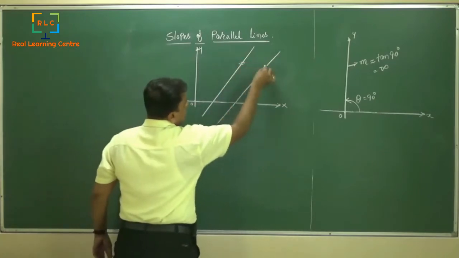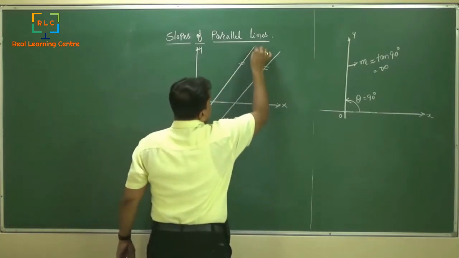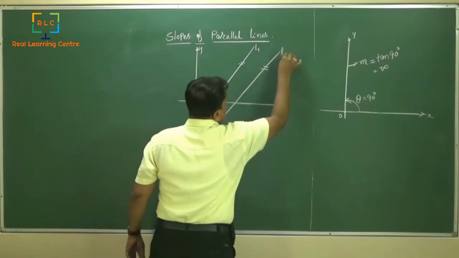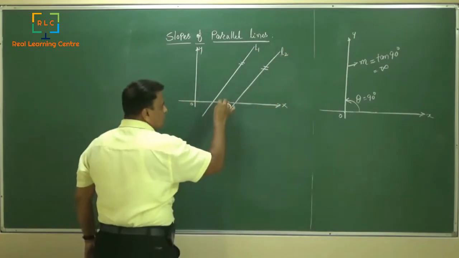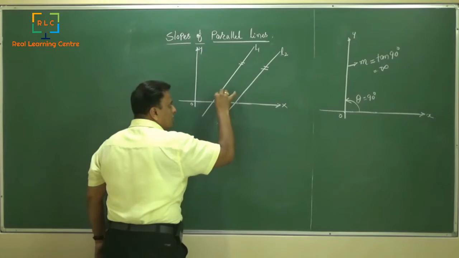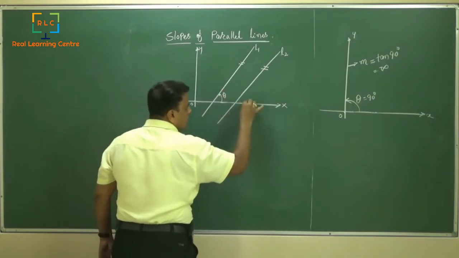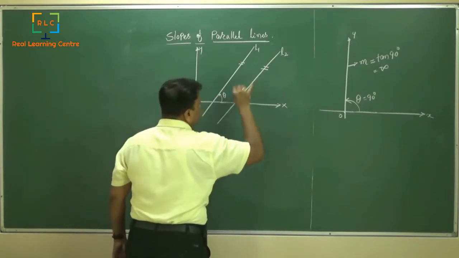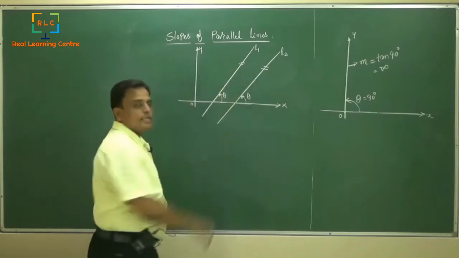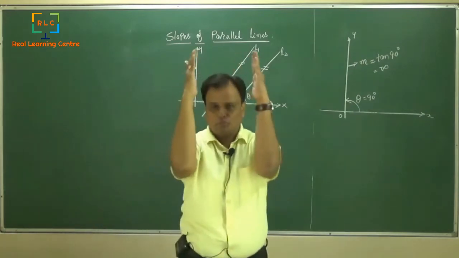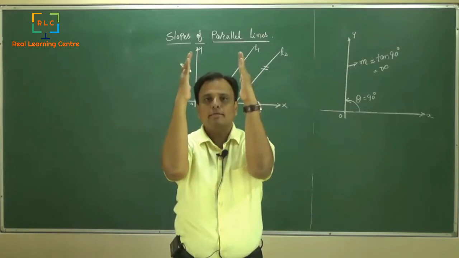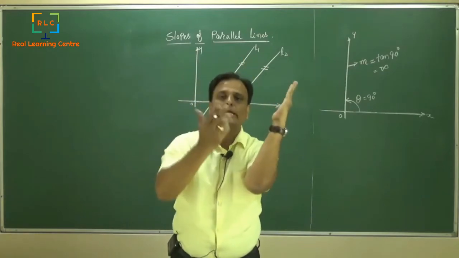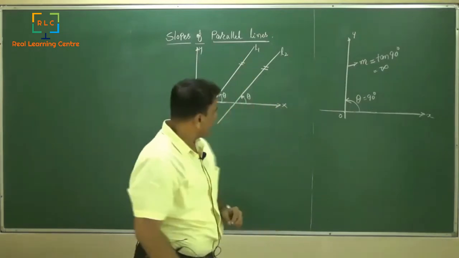So these two lines are parallel. This is line 1 and this is line 2. Suppose the inclination of line 1 is theta, definitely the inclination of line 2 must also be theta, because they are parallel lines. I told you, if both lines are parallel, their inclinations will be the same.